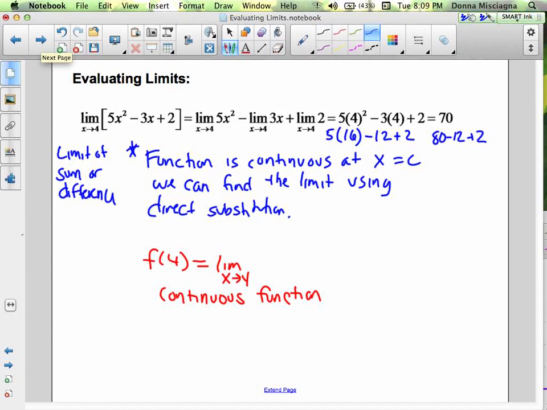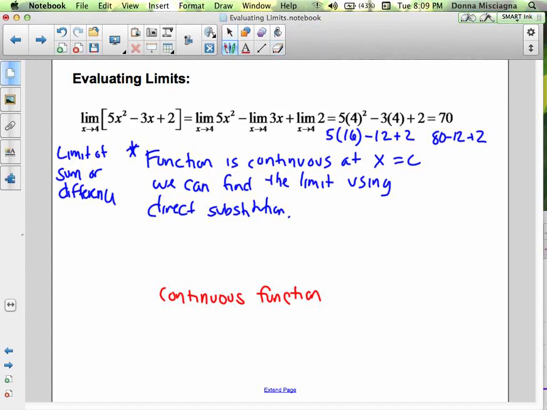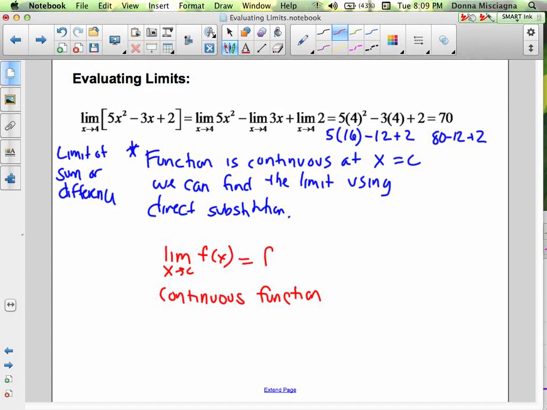And that's because, let me change this so it applies to any function, the limit of f of x as x approaches c is going to equal f of c for a continuous function. So add that to your notes somewhere. Just cram it in.